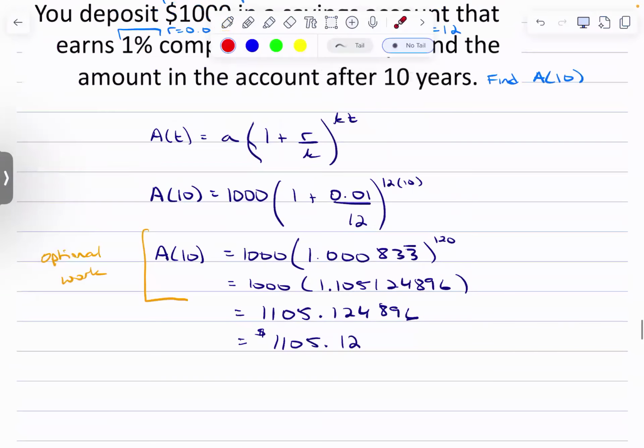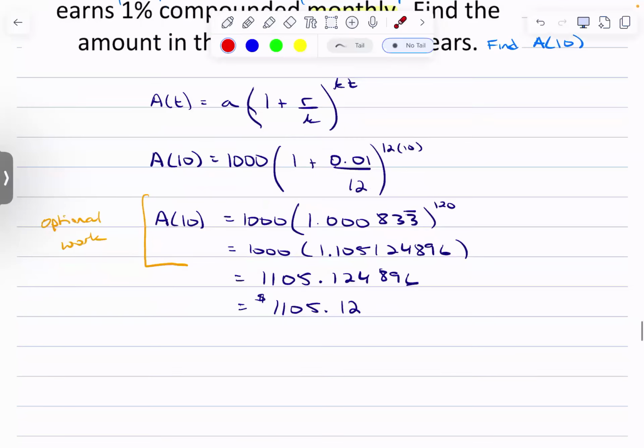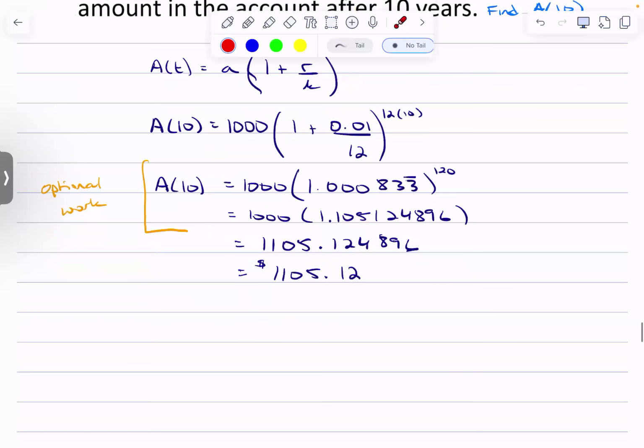What I want to see is the empty formula, so you show me that you know which one to use, and the values all plugged in where they should be. Then from here, you're allowed to jump down to here. But I do want to see the unrounded one and then the rounded one.